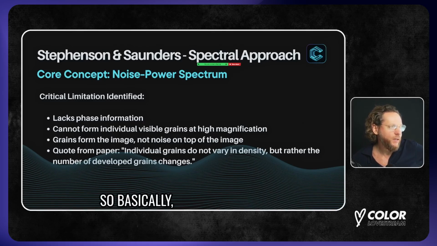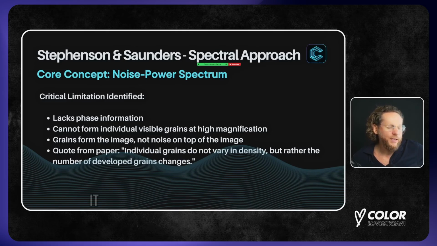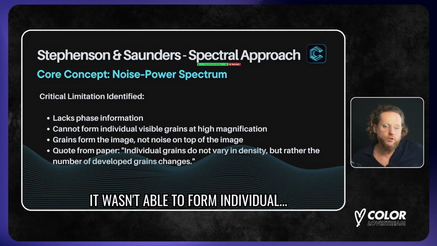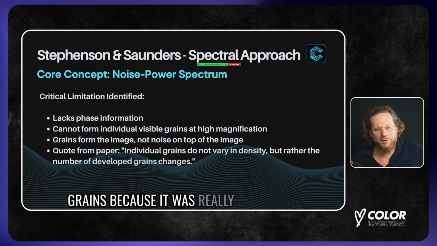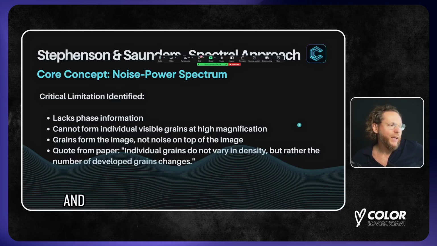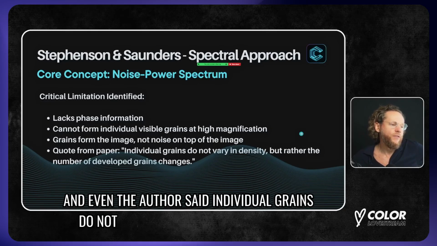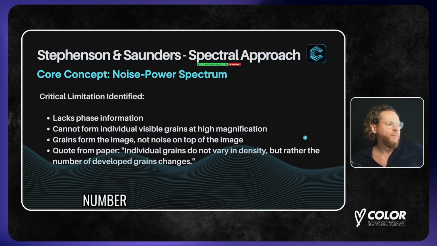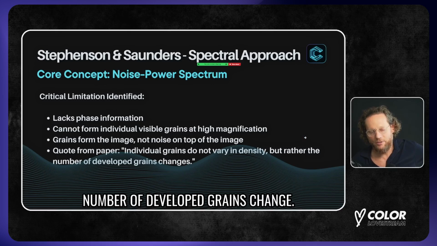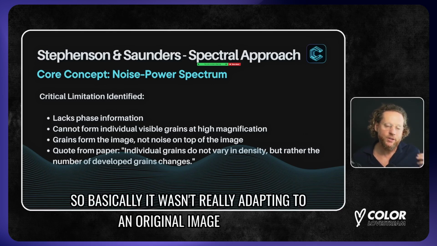It had zero phase information. It wasn't able to form individual grains because it was based on signal to noise. Even the author said individual grains do not vary in density, but rather the number of developed grains changes. So it wasn't adapting to the original image at all.